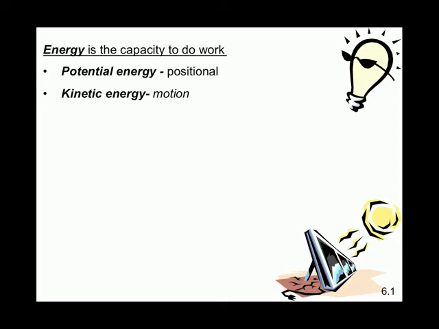So technically, all objects, all materials have some potential and some kinetic energy. How much they have of each depends on the object itself, the bonds within it, the type of atoms involved, and the phase that it's in. Now we have other types of energy besides these two major types. We have radiant energy, which is energy from the sun.